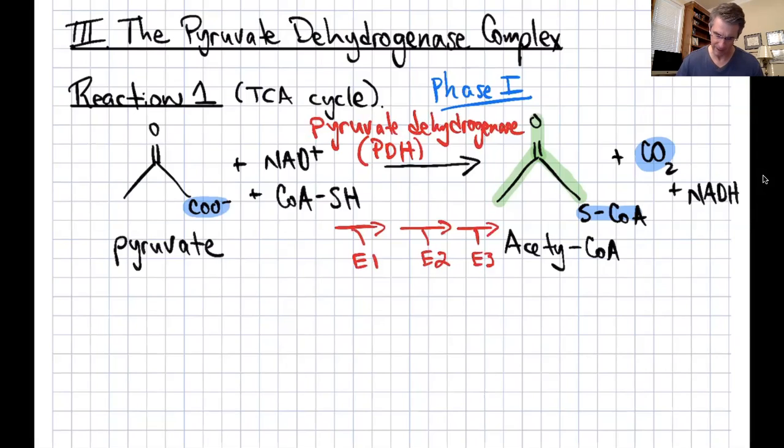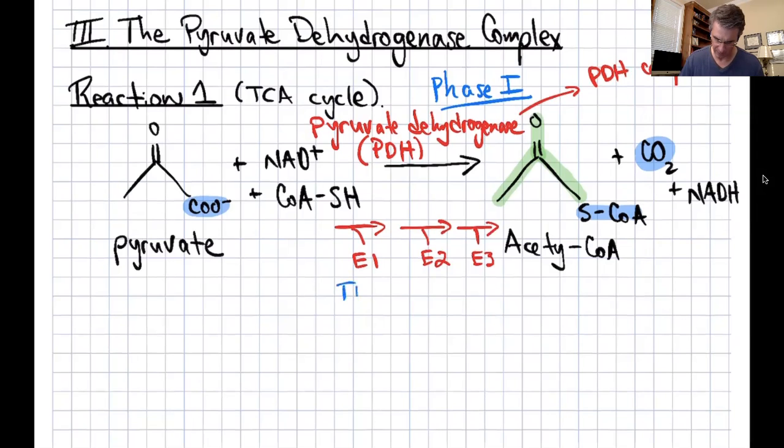So more correctly, instead of just pyruvate dehydrogenase, this would probably be called the PDH complex. We'll look at that in a minute. In addition to the fact there are 3 enzymes, there are 5 cofactors. Enzyme 1 requires a cofactor we just saw when we talked about fermentation reactions, thiamine pyrophosphate. Enzyme 2 requires 2 cofactors, essentially.